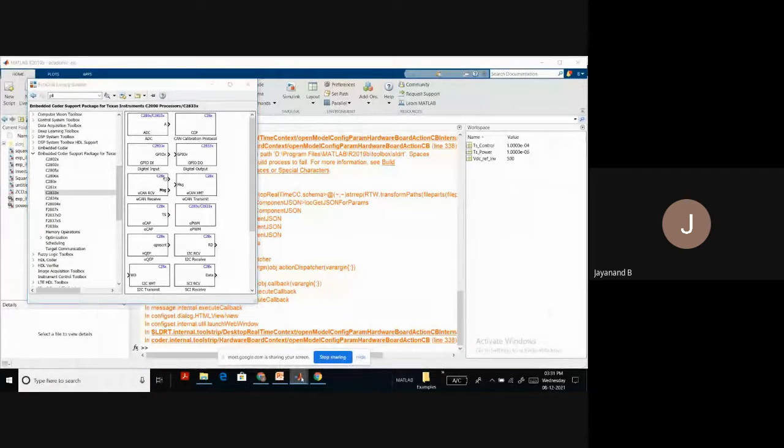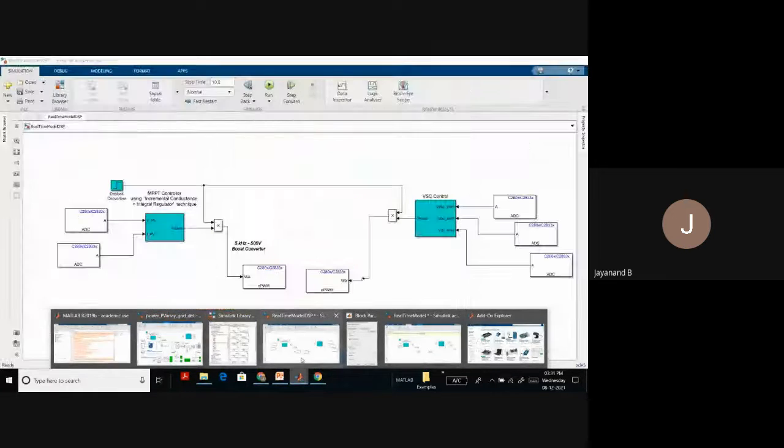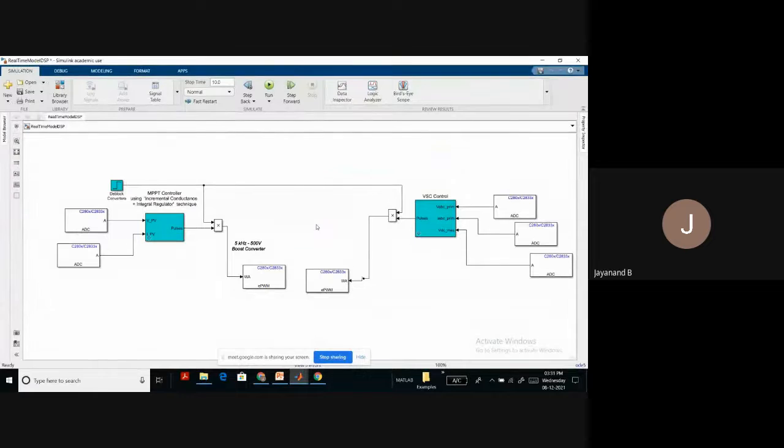All sort of things as we did in the case of Simulink digital and desktop environment is available. Right? So only difference is that instead of previous blocks, we have to add the blocks corresponding to our digital signal processor.